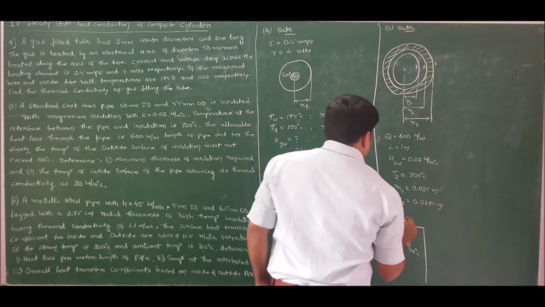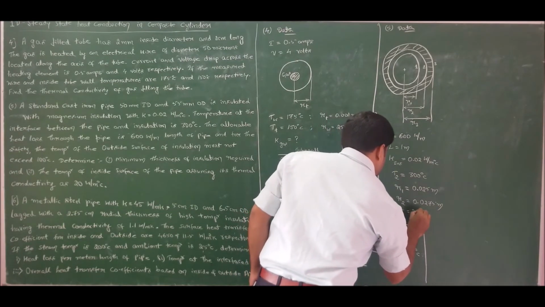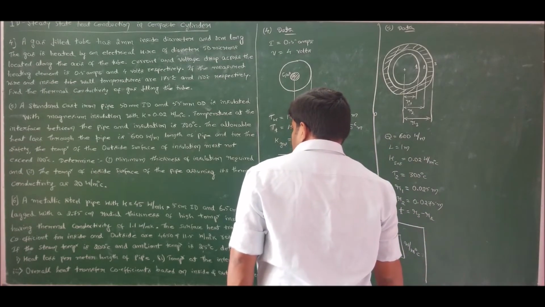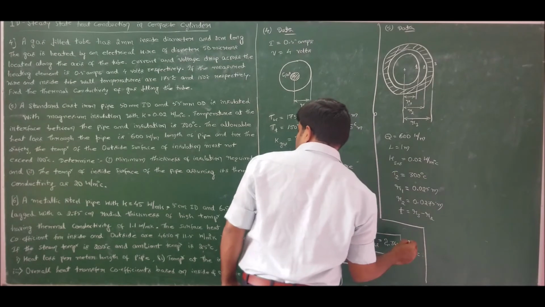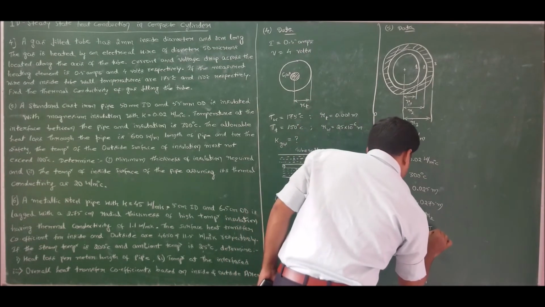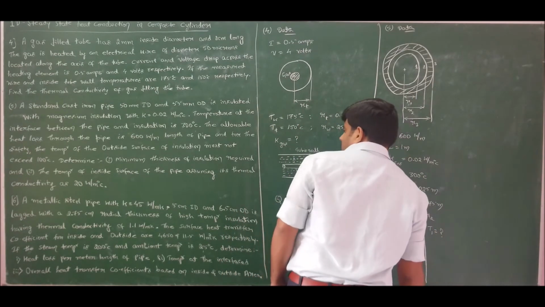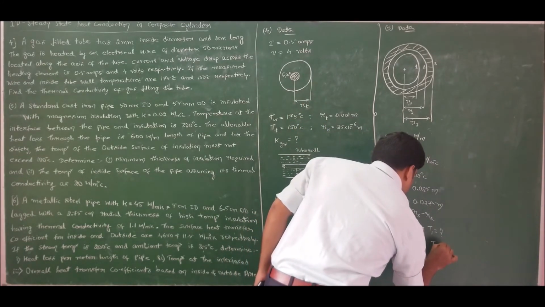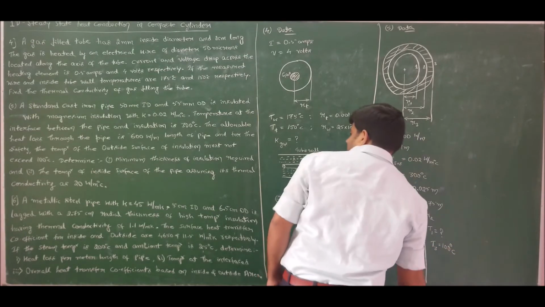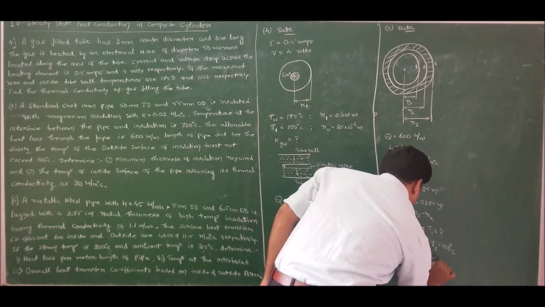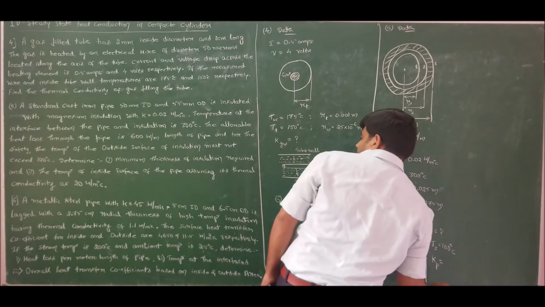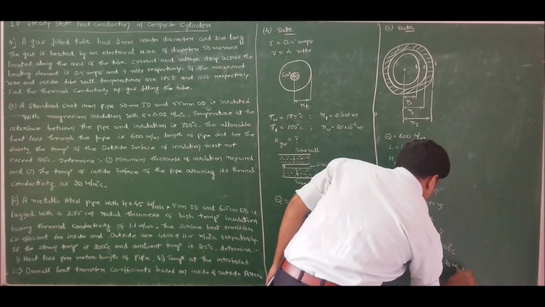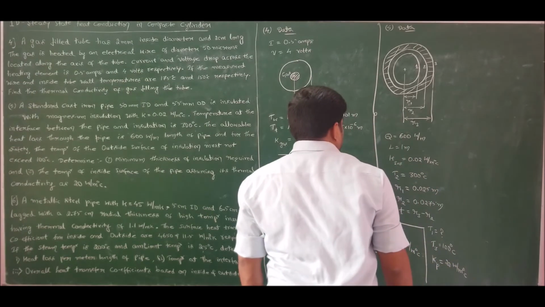He is asking to calculate the thickness, that is R3 minus R2, and also the temperature at the inside surface of the pipe, that is T1, is unknown for us, whereas the outside surface temperature from safety should not exceed 100 degrees Celsius. The thermal conductivity of pipe is also specified, which is equal to 20 watt per meter degree Celsius. So this is what he has given for us.